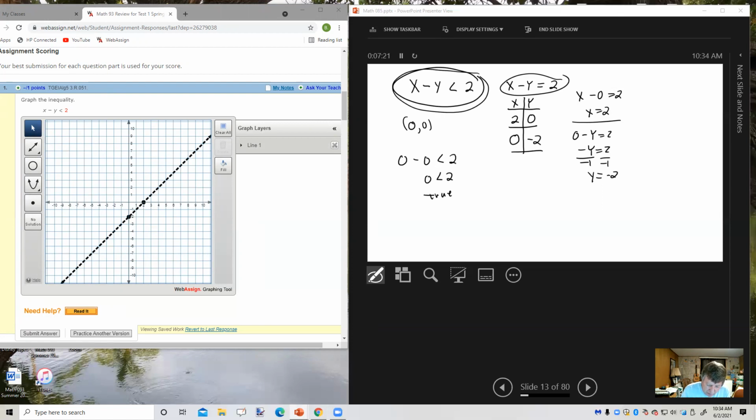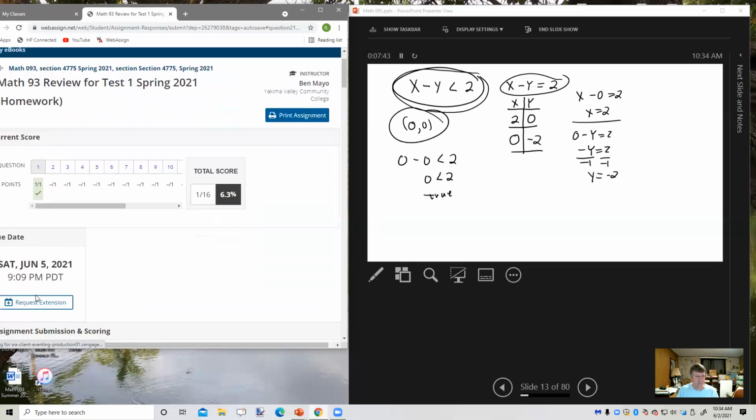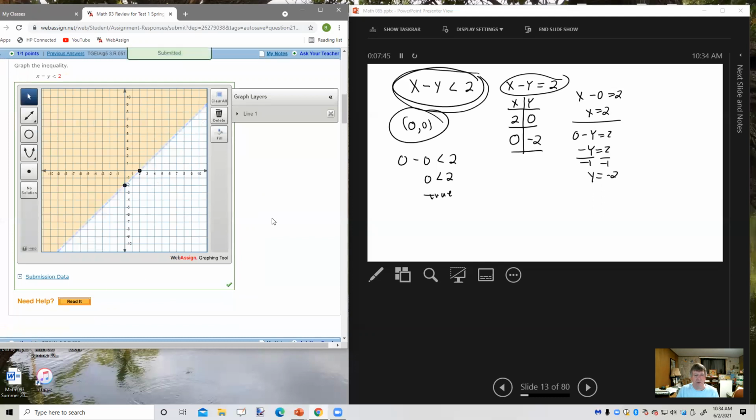That is true. So my test point is good. That means that above the dashed line is the solution. So I click on fill, click on the side of the dashed line that I want. So that should be my solution. Let's see if it is. And it says it's correct.